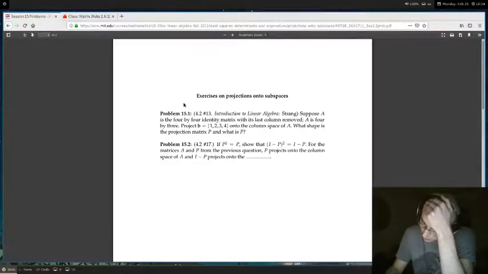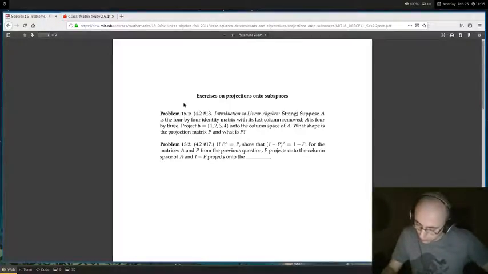Okay, the last column is all zeros. This is obvious. Then I'm going to have 0, this is 0, this is 0, and this is 1, and all zeros again. Yeah, this is a symmetric matrix. It's definitely a symmetric matrix.